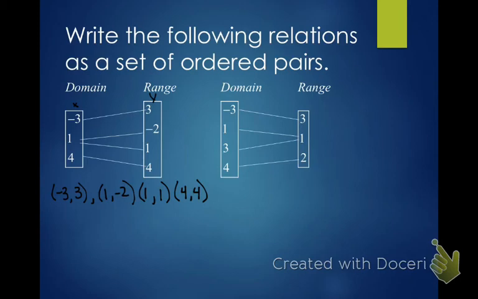If it's listed as ordered pairs, it's real simple. If you have two x values that repeat themselves, then these two numbers right here and right there better match. If they don't match, it's not a function.